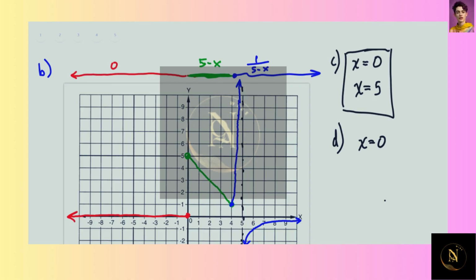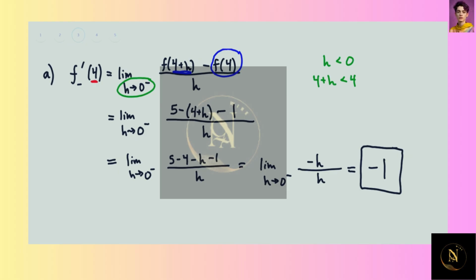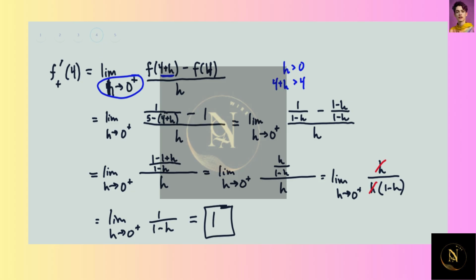At 4, well, remember they told us that f prime of 4, the derivative, exists only if the left and right-hand derivatives equal each other. Let's just look at our work from part A. The left-hand derivative at 4 was -1. The right-hand derivative at 4 was +1.